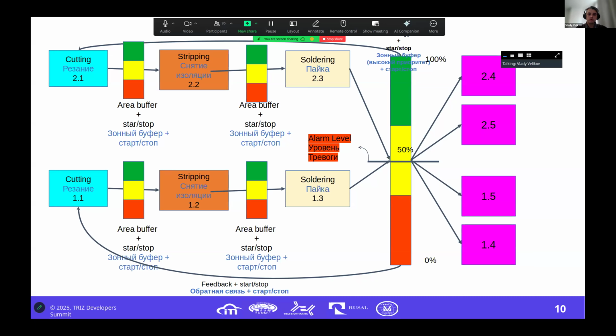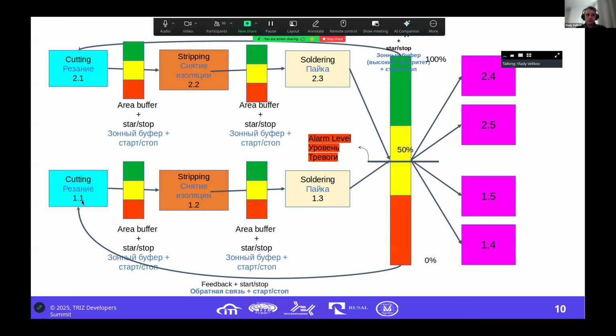But here we have again feedback. They go to the cutting machine and say, you have to stop working or you have to start working. Start working is when you go to the yellow. When you start to use goods from the yellow, there is a signal to the cutting machine, start producing.